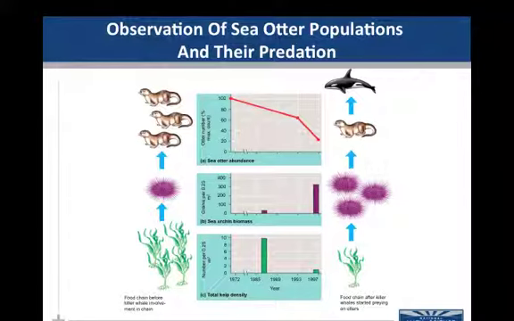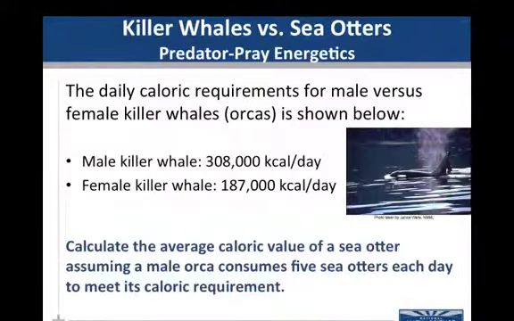So let's do some math on these equations. Killer whales versus sea otters. We can look at some of the energetics that occur when you have a predator-prey interaction. The daily caloric requirements for male versus female killer whales is shown below, and as you can see, males require more energy.